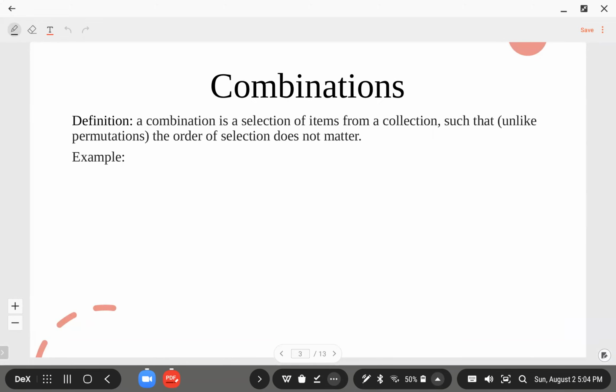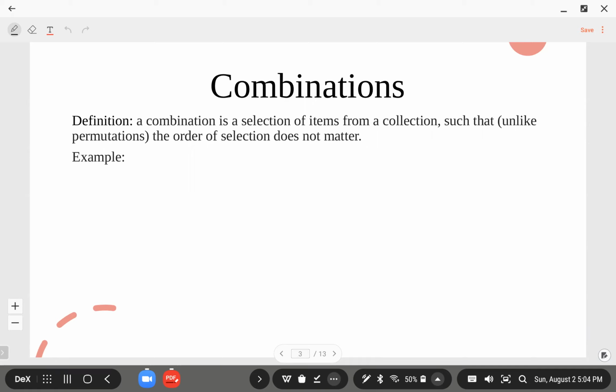So next one is combinations. The definition of a combination is a selection of items from a collection, such that, unlike permutations, the order of selection does not matter. And let me give an example.